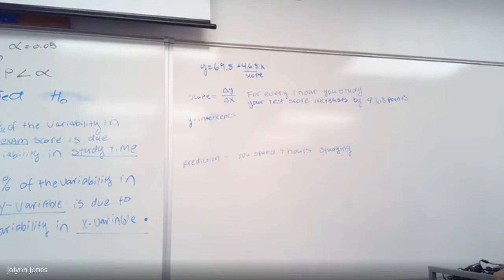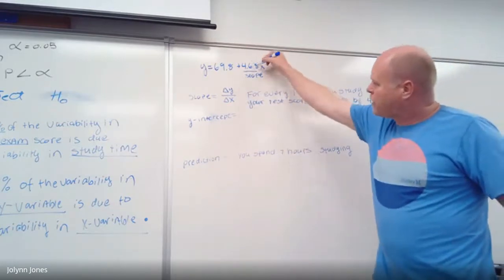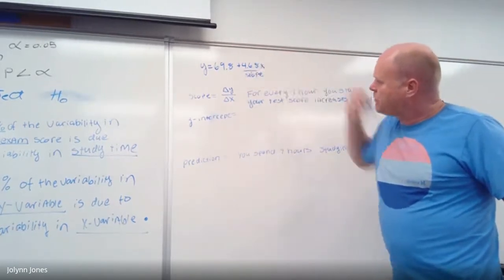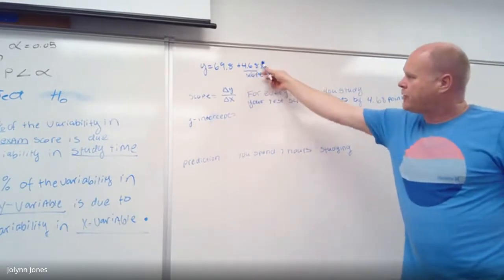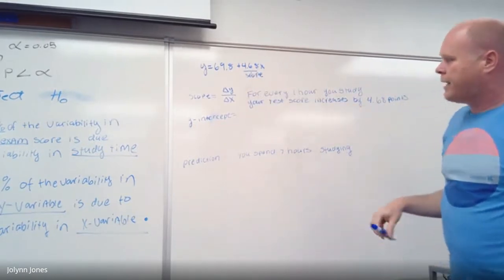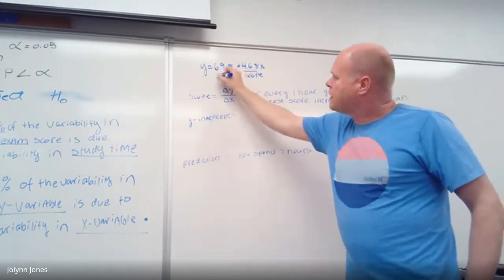Okay, does that make sense? Remember your y variable is changing. This is like 4.68 over 1, which is no number down there. So every change in x, there's this change in y. Then our y-intercept, this number right here.